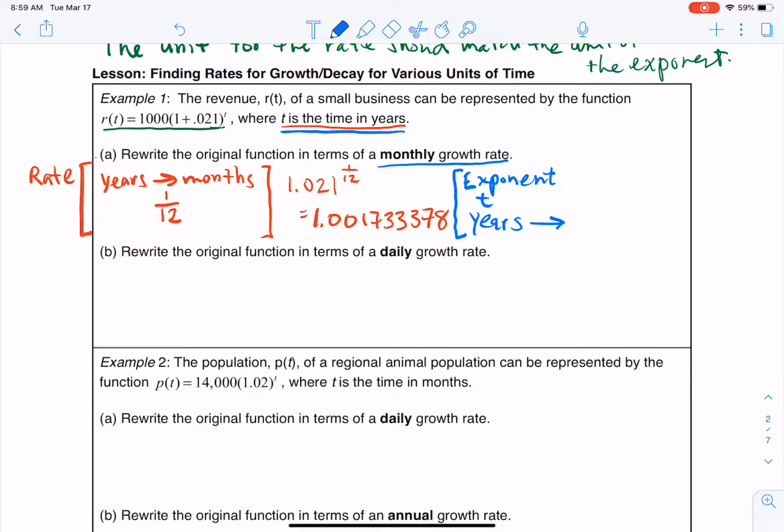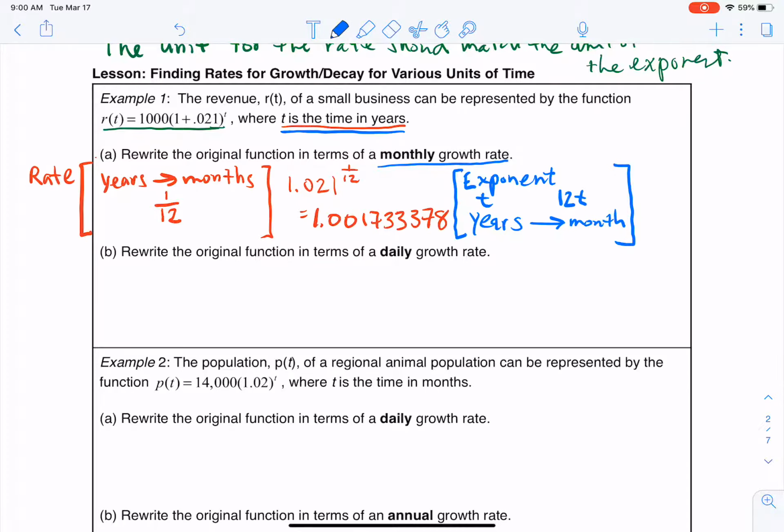Let's say I was told that 2 years have passed. Well, that's 24 months. 3 years is 36 months. So really what I'm doing is taking the years, which is t, and multiplying it by 12. And that's going to be my exponent.